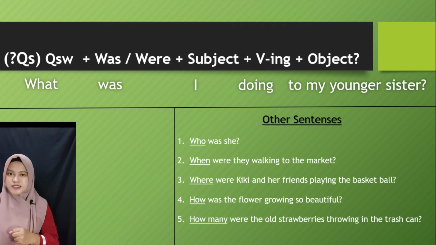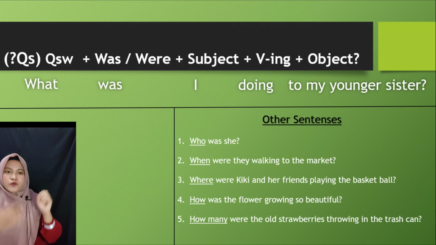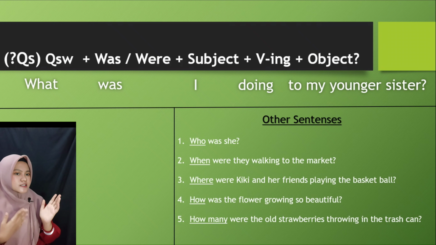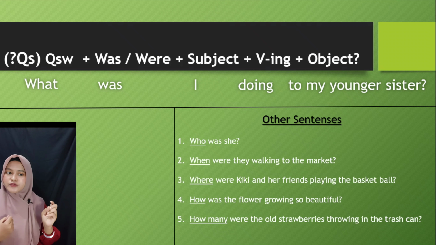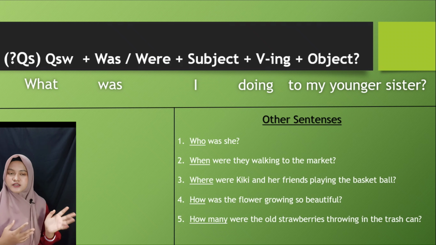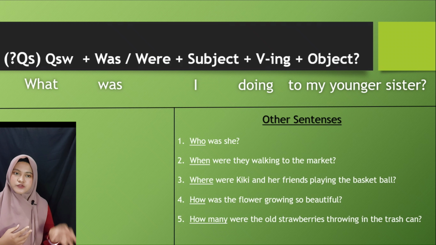Who was she? When were they walking to the market? Where were Kiki and her friends playing basketball? How were the flowers growing so beautiful? How many were the old strawberries thrown in the trash can? I use many other question words. They are who, when, where, how, and how many.